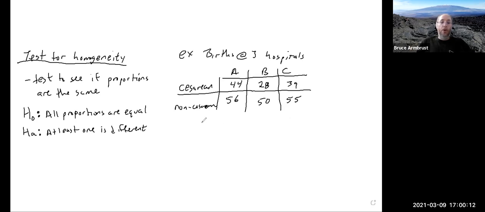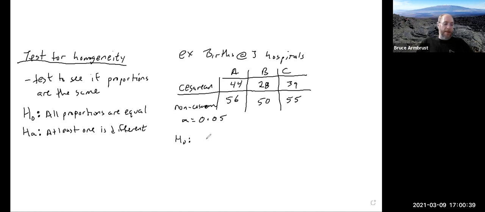Okay, and so here's the question. We want to know, is there a difference in the proportion of births that are cesarean at the different hospitals? So let's go ahead and give ourselves an alpha level. We'll test at alpha 0.05. But here's the null hypothesis.